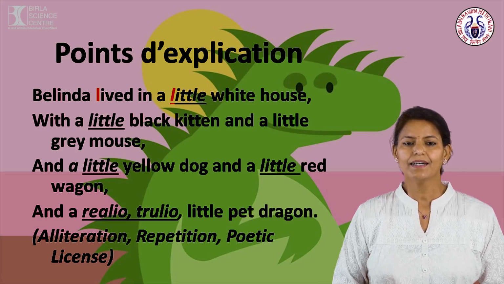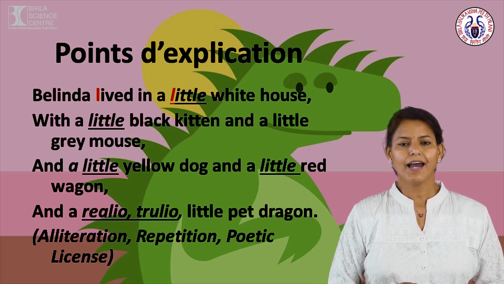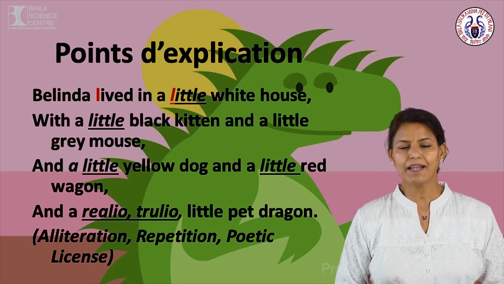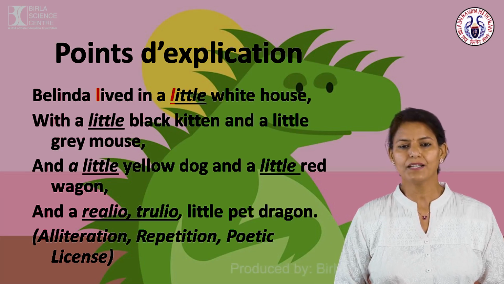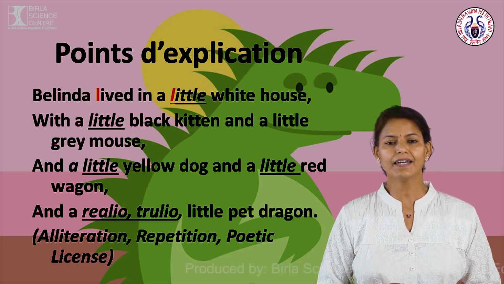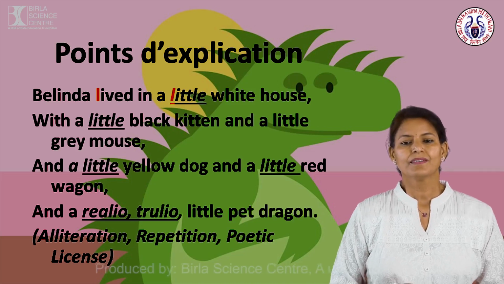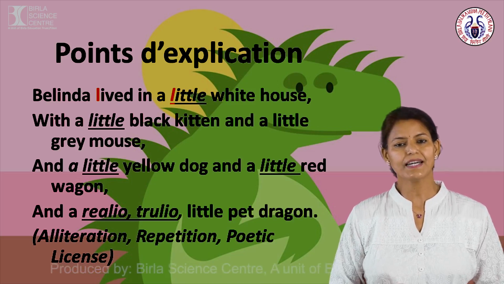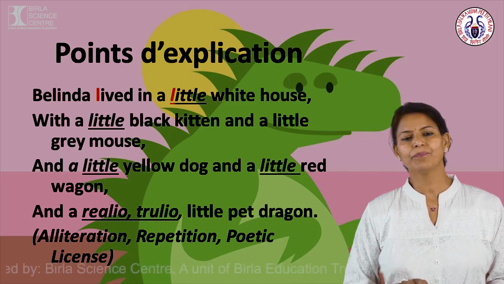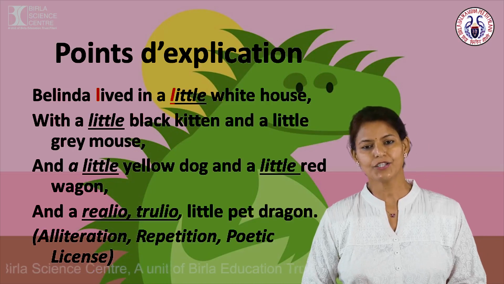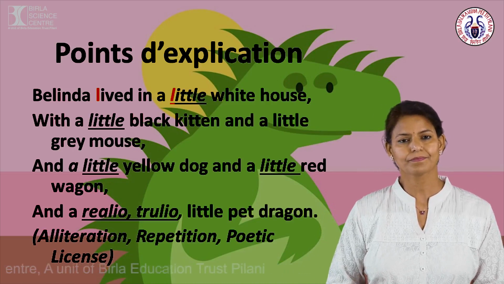As you can see, the words really and truly have been recoined, the spellings have been recoined by the poet in order to maintain a rhythm and lyrical quality in the poem. This is known as poetic license. So in the first stanza itself, we see the use of alliteration, repetition and poetic license.